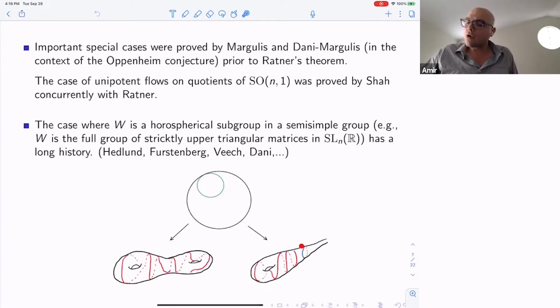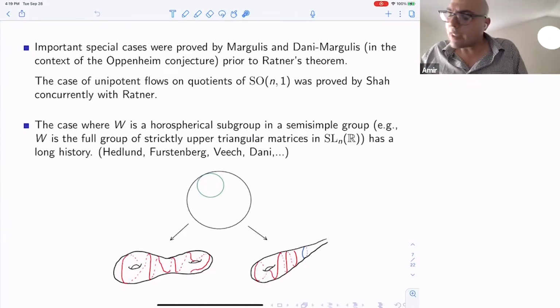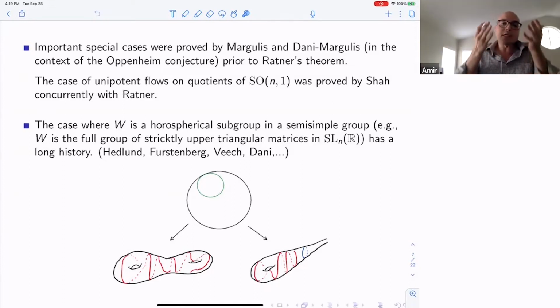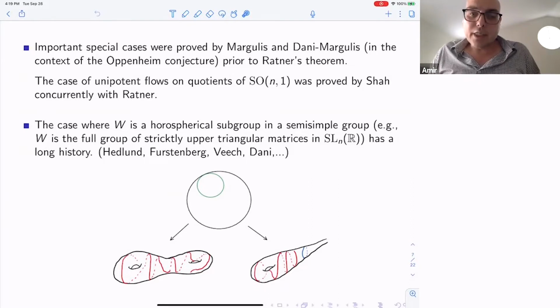Either you're dense or there is a periodic horocycle that this is just sitting on top of. So there's perfect rigidity. Either you have density or there is some geometric or algebraic obstruction preventing density. There's no chaos going on.